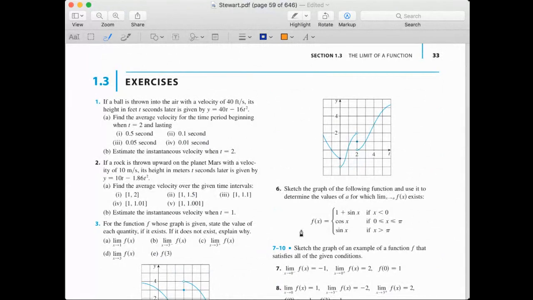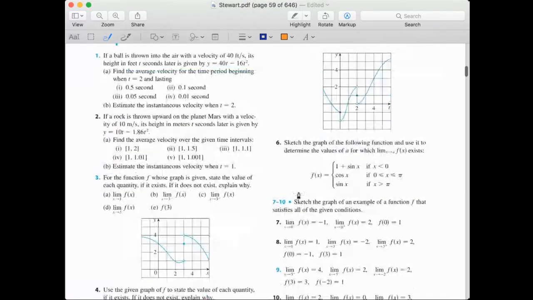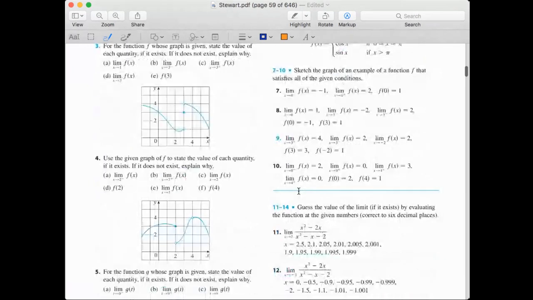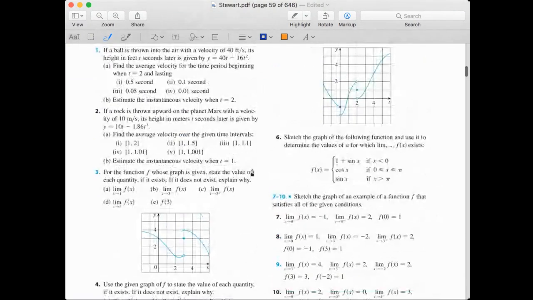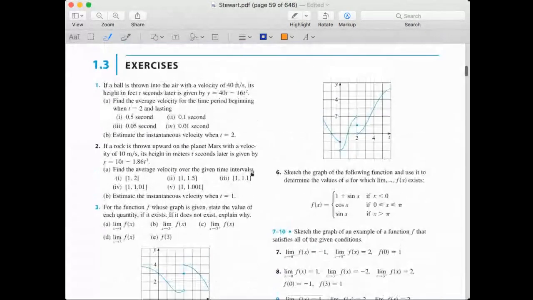All right, now we have about 10 minutes. Let's see. Okay, let's pick this one. Let's pick this graph, all right? Let's do this graph.